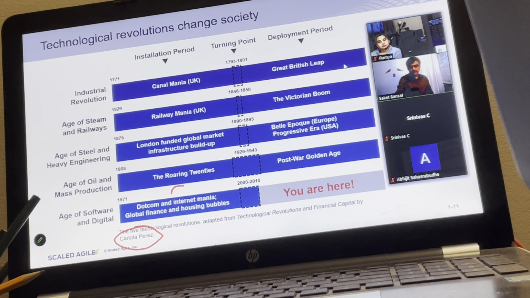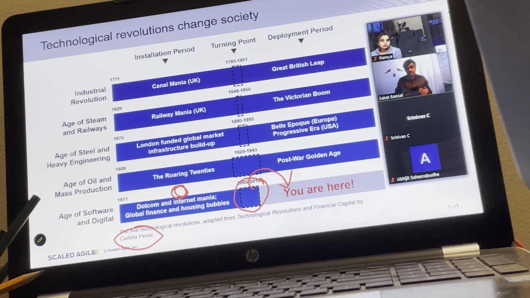It goes through something called the installation period, where a lot of people join in and try to make things work, and then it goes through a churning point, sometimes also called a turning point, where the market gets too crowded and only the successful providers survive. And once that passes, you have a deployment period or a golden age of that particular era, where we make maximum use of those technologies or areas.